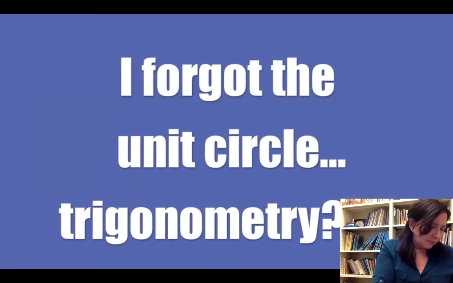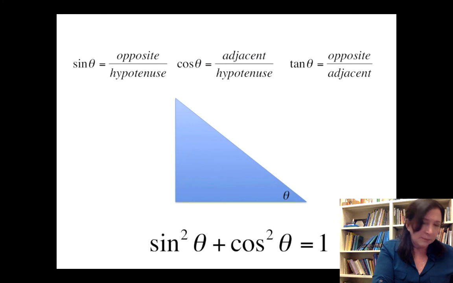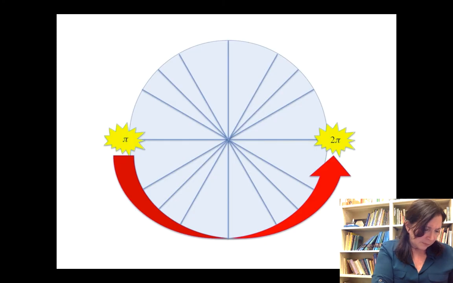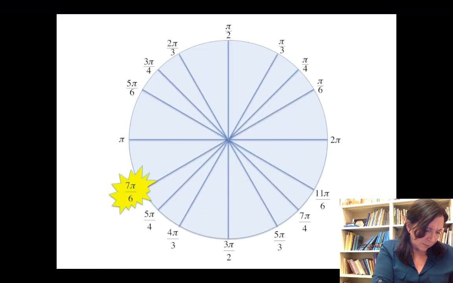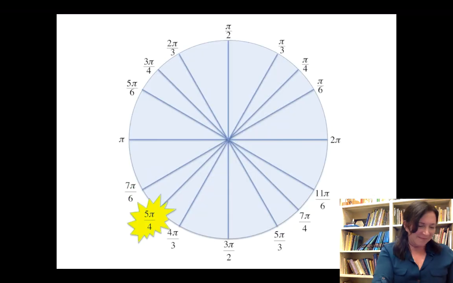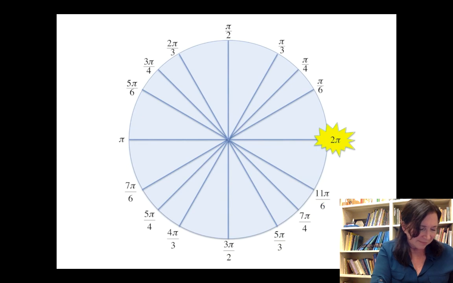I forgot the unit circle trigonometry, sine, cosine, and tangent, and those trig identities. I forgot the lower half goes from pi until 2 pi. I forgot it all, and that's no lie. Think it goes like 7 pi over 6, 5 pi over 4, 4 pi over 3, 3 pi over 2, 5 pi over 3, 7 pi over 4, 11 pi over 6. And then that brings us to the end, which is 2 pi.